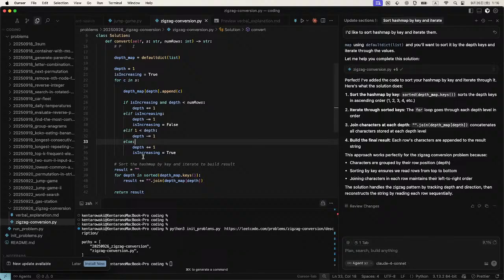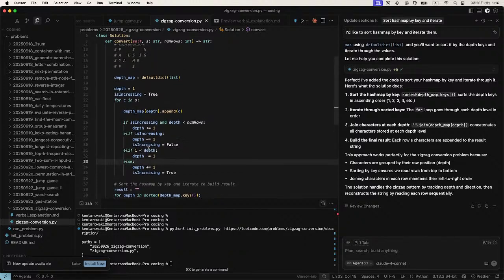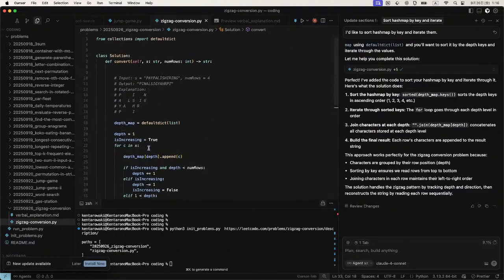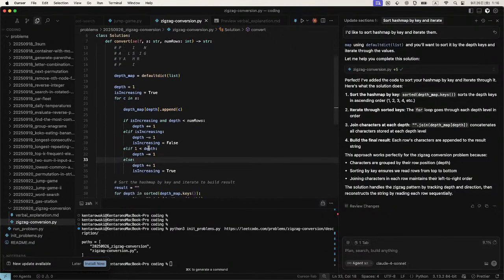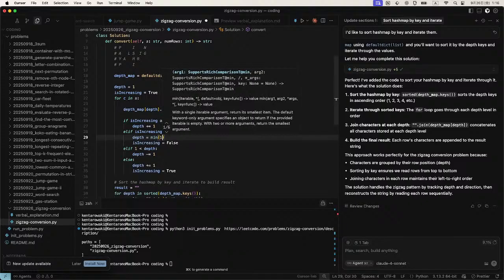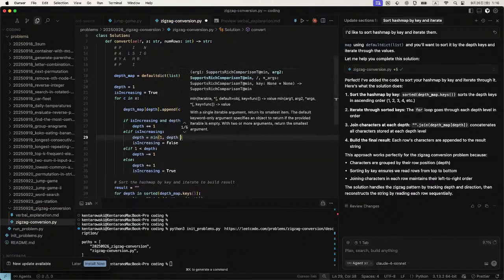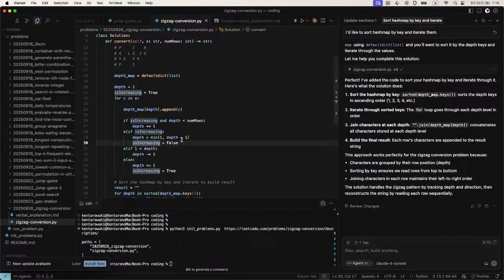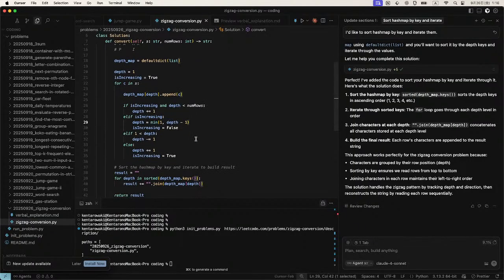Depth is 1, but I think this is not bad.